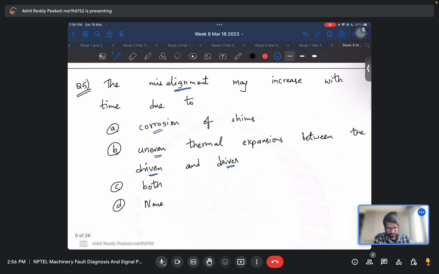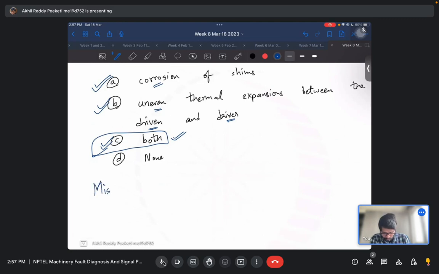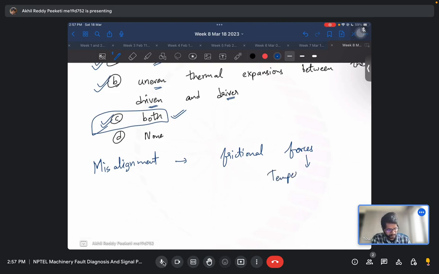Actually both of them will increase the misalignment. So the answer is C, both. With time, if there is any misalignment, it causes frictional forces between the couplings and the shafts that generate temperature, which corrodes the shims.